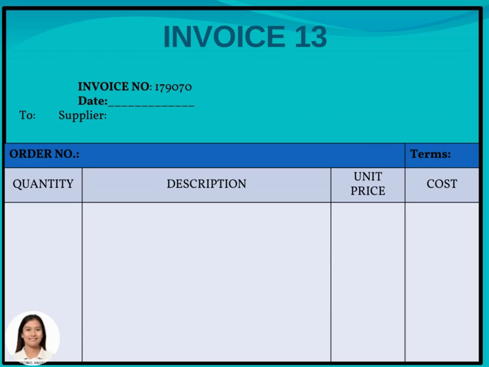Invoices should be serially numbered for security purposes. Duplicate copies are to be distributed as follows: one copy to the customer, two copies to be held by the supplier for reference when compiling statements, and a spare copy.